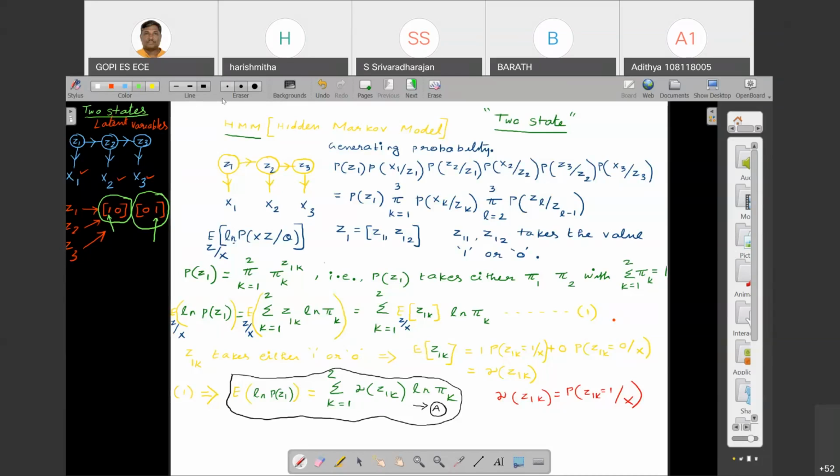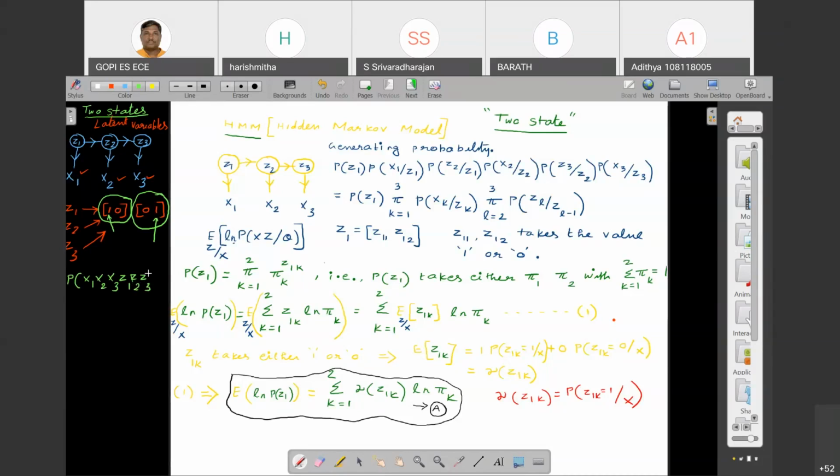Now we are formulating the generating probability. The generating probability involves x1, x2, x3, and of course it also involves the latent variables z1, z2, z3.